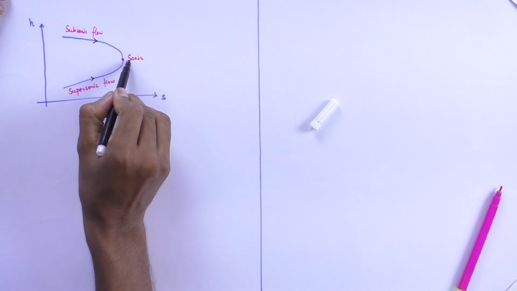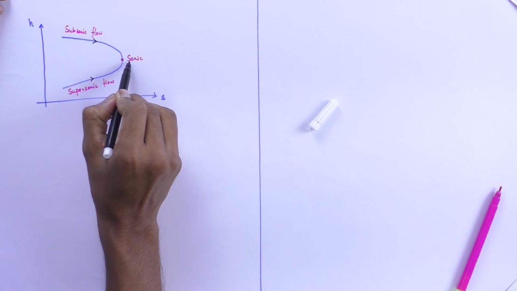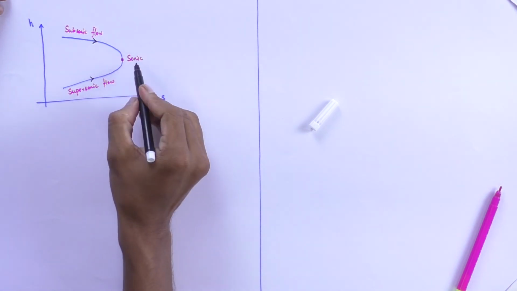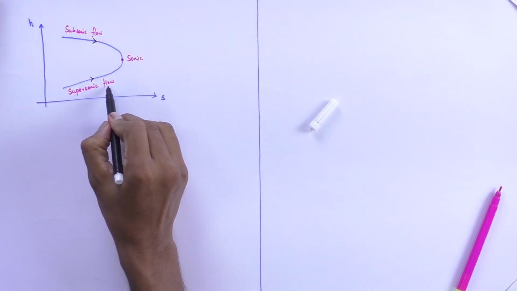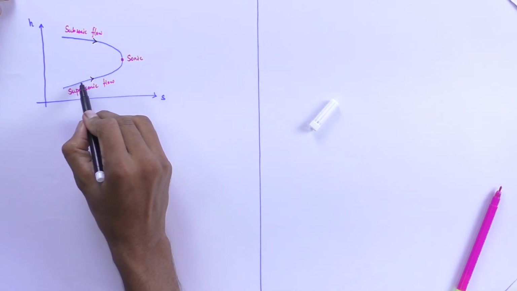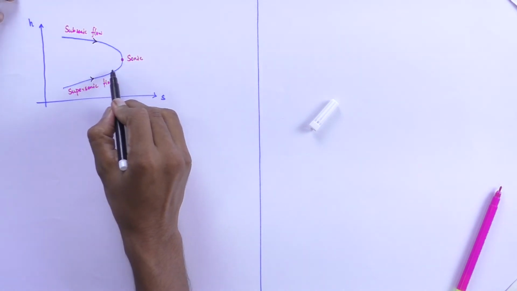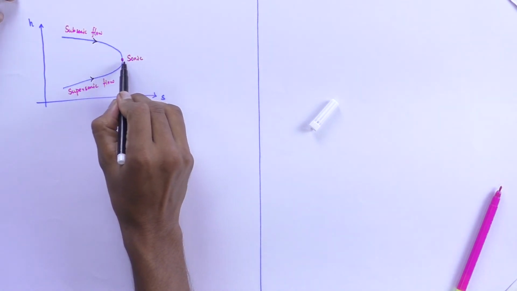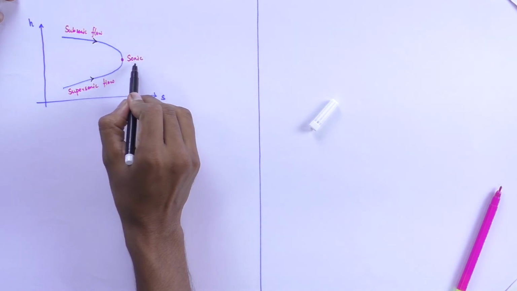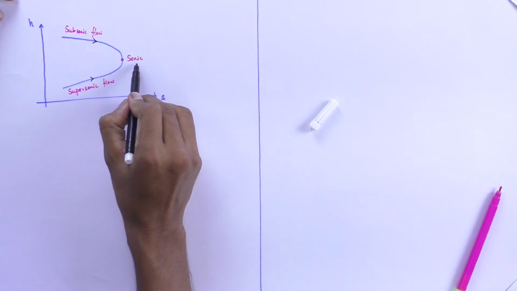Beyond that length, the flow condition will remain as a sonic condition. Similarly, for a supersonic inlet condition, the effect of friction decelerates the flow for a particular length of the pipe until it reaches sonic condition. Beyond that duct length, the flow will remain as sonic condition.